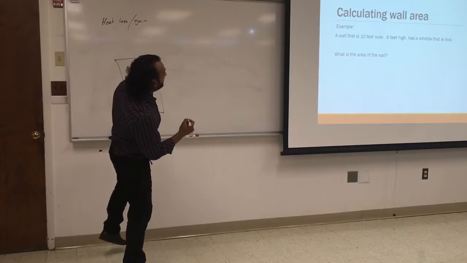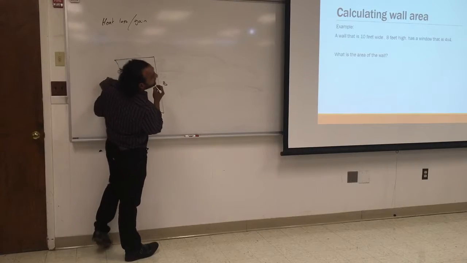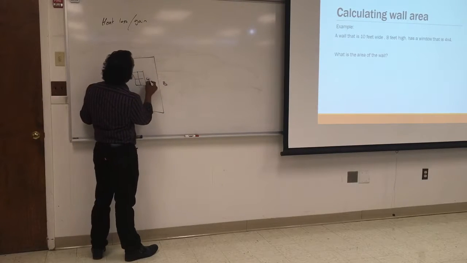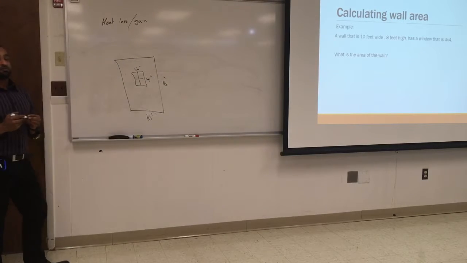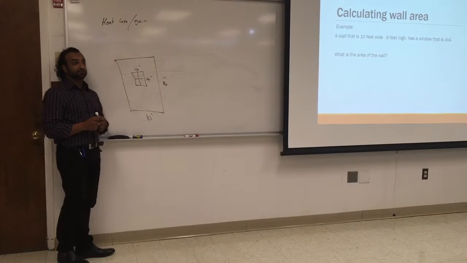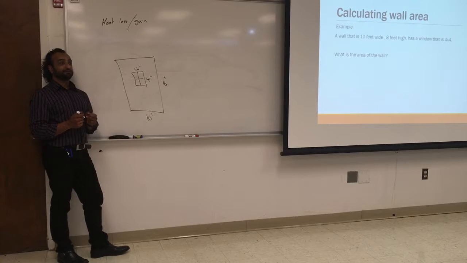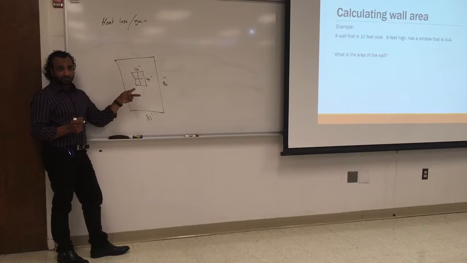So if I have 8 and 10, and this is 4 by 4, what I always get students messing up is they do the 8 by 10 and that's it. I want the wall and I want the window, because they are not the same material.